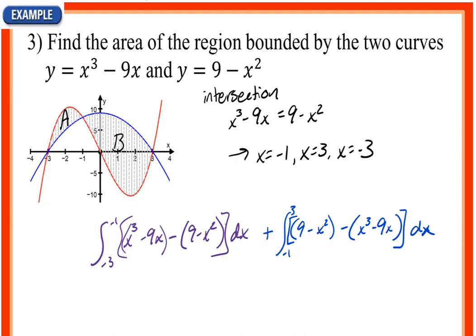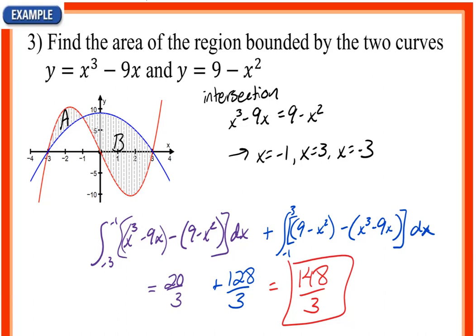So when you go to the calculator to get these integrals, or if you do them by hand, you're going to find that this one is equal to 20/3, and then this one is equal to 128/3. So when you add those together, you're going to get 148/3, and that is the area of the regions bounded by these two curves.